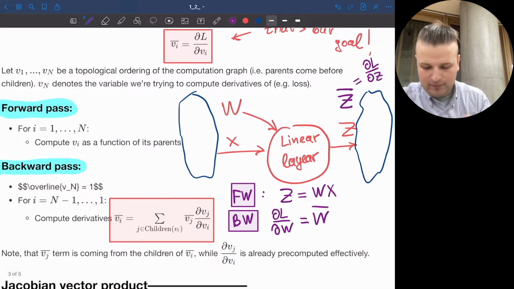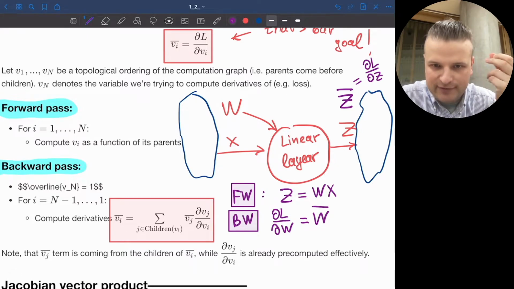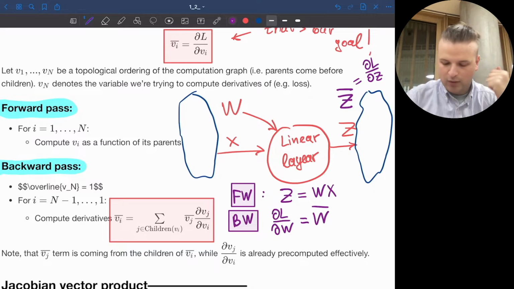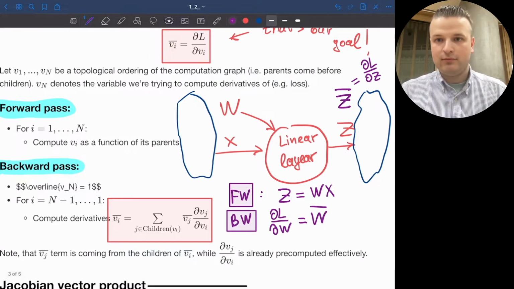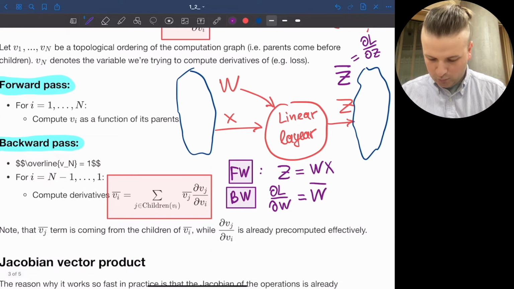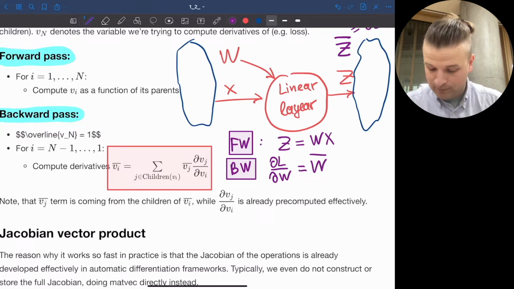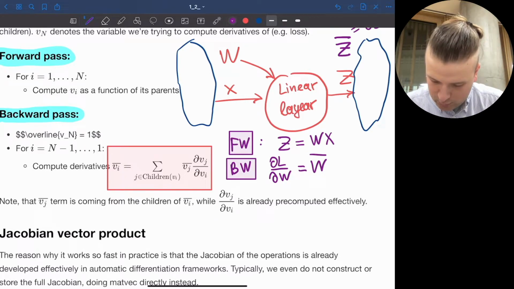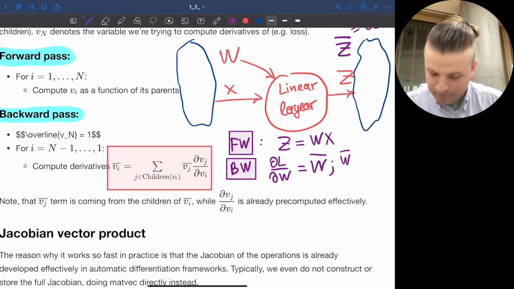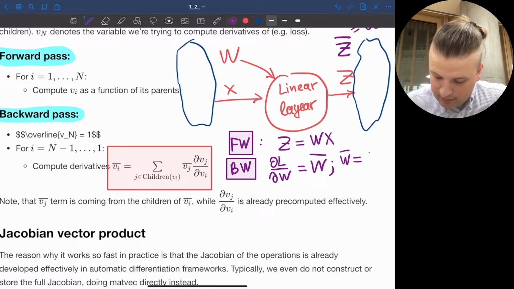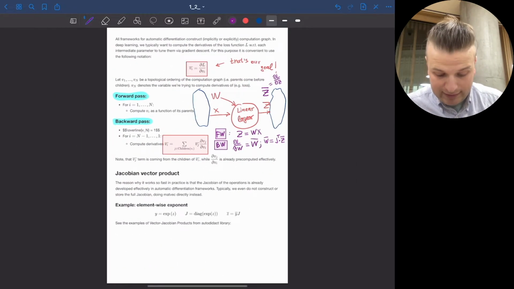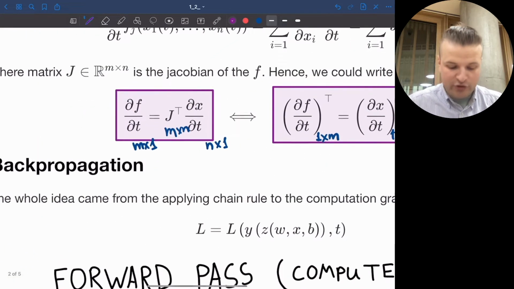And to calculate this derivative dL by dW, we actually need a Jacobian here. So we say that we will use this multivariate chain rule. So we can say that W with line is, let's say, Jacobian transpose multiplied by this z with line here. Let's verify our notation. Yeah, that's it.